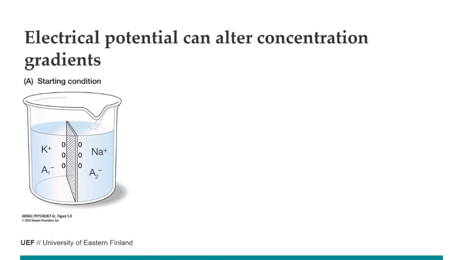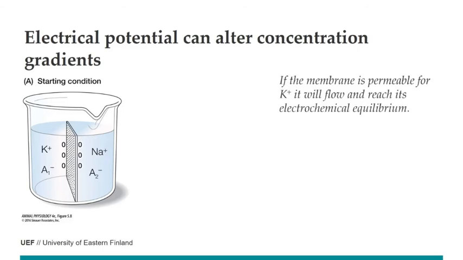And this electrical potential can be affected by the flow of ions, but then the electrical gradient is also affecting the concentration gradients. So if we have two cations and two anions, and the membrane is permeable for one ion, it will reach its electrochemical equilibrium.